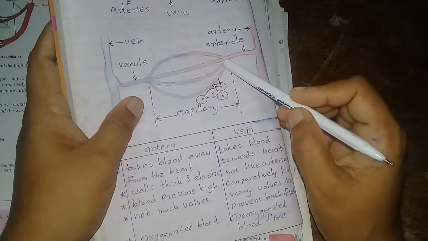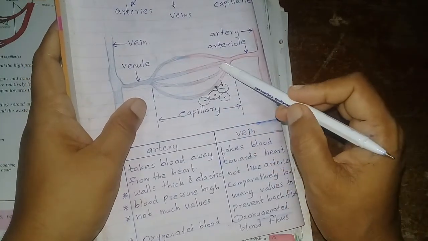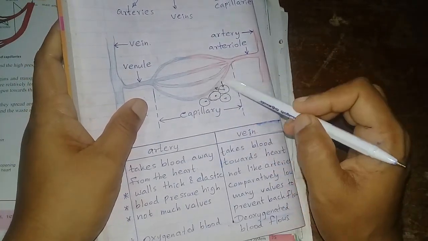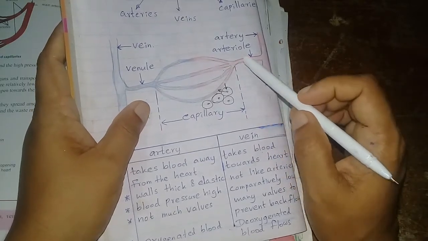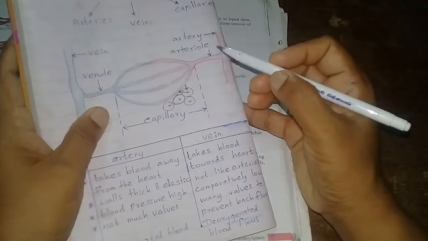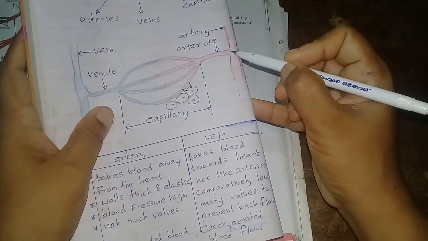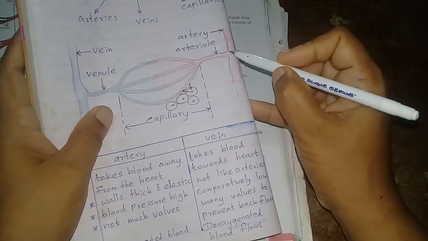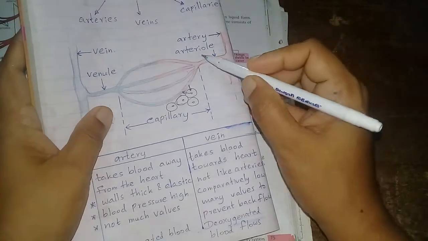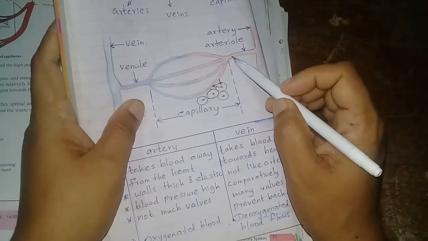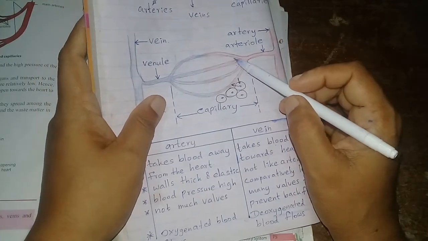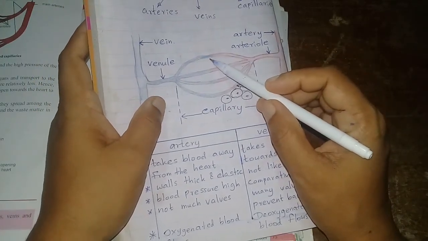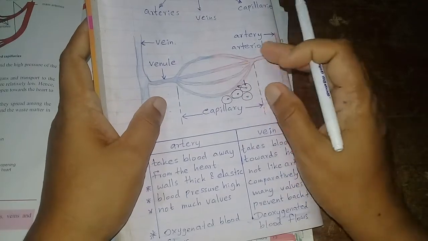Here, what happens? Further, this arteriole is dividing, right? So when we consider the thickness of the wall, the thickness is a little bit higher here. But when this arteriole further divides and becomes a capillary, now this is the capillary stage, okay?